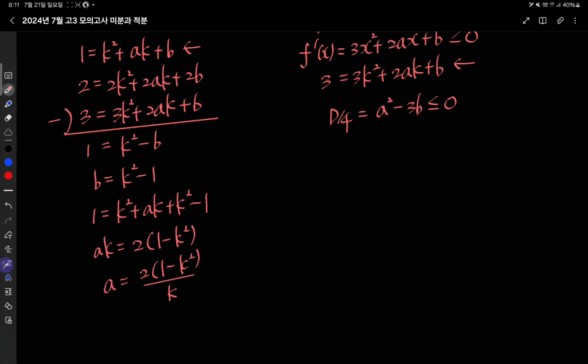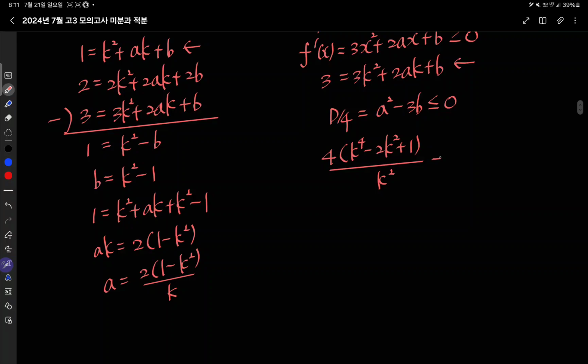And we are going to use the discriminant. So a squared is, and 4 minus 3b, because k squared is positive, we can multiply k squared to both sides.